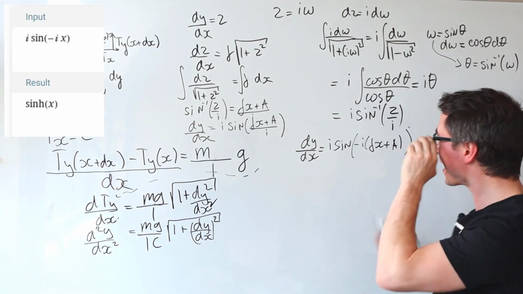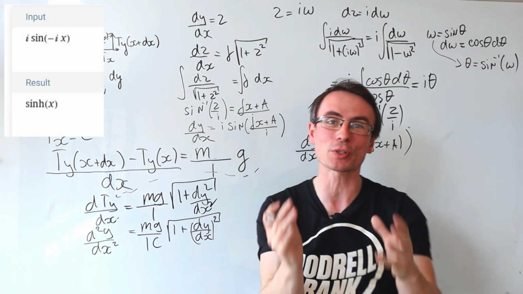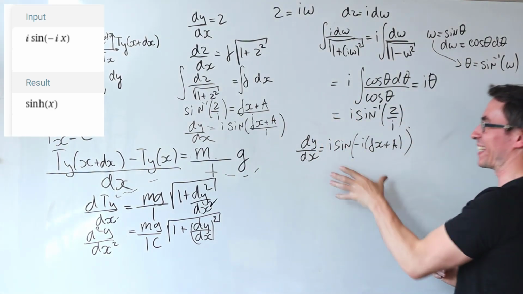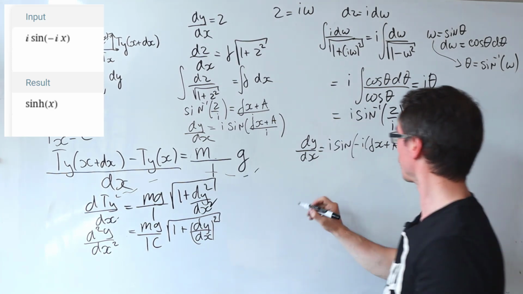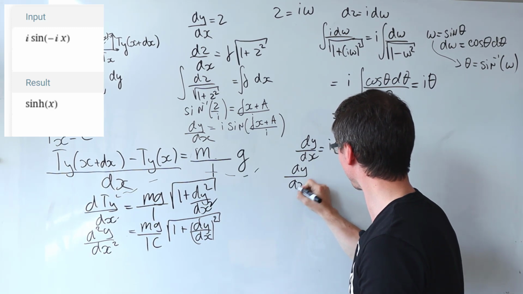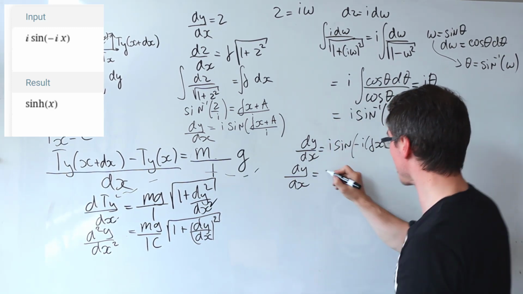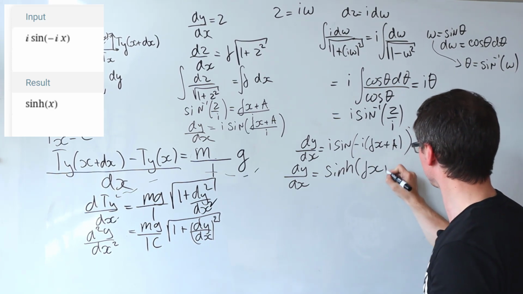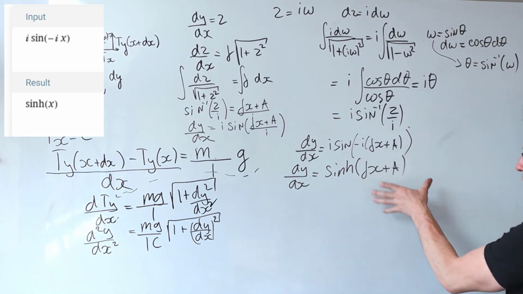And this is actually the very trigonometric definition of the hyperbolic sine function. So we can directly say right here that dy by dx will just be given by the hyperbolic sine of gamma x plus a.